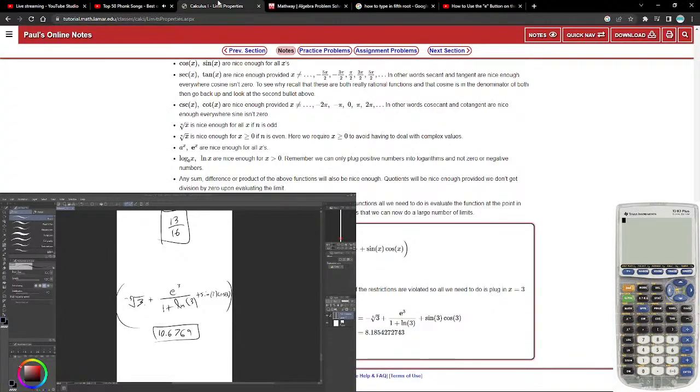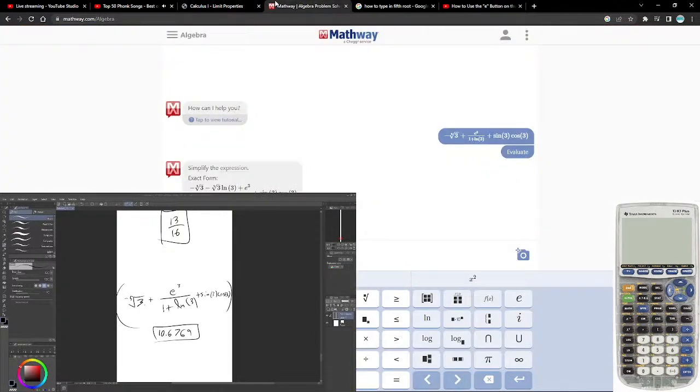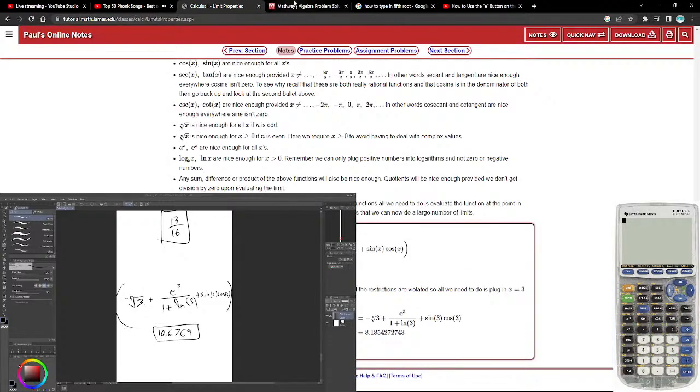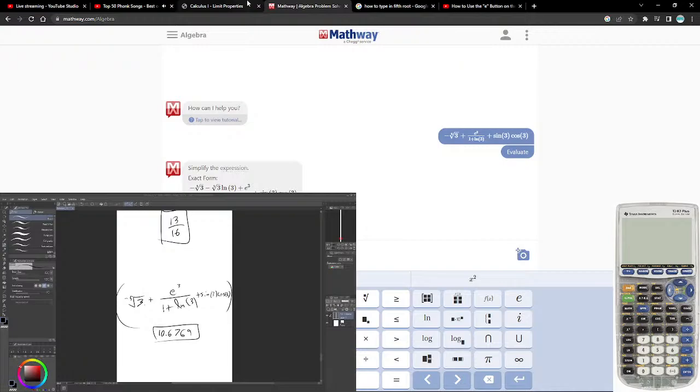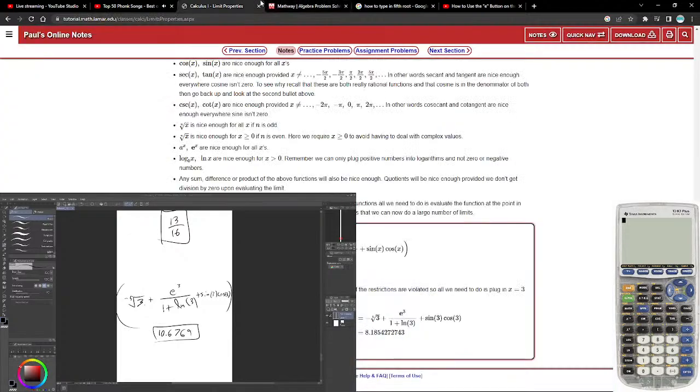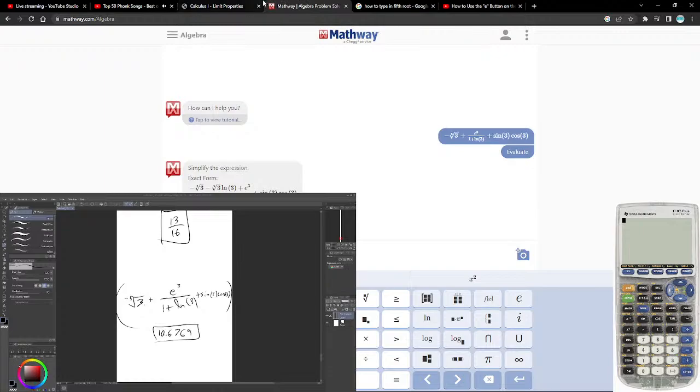Okay, now I get it. Or wait. I'm still off? Are you kidding? What? Wait, why did it do this to the fraction? Well, that shouldn't matter though. e cubed, 1 plus natural log 3, sine 3 cos.